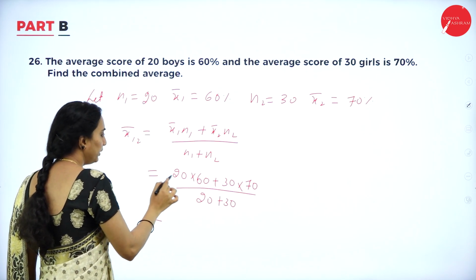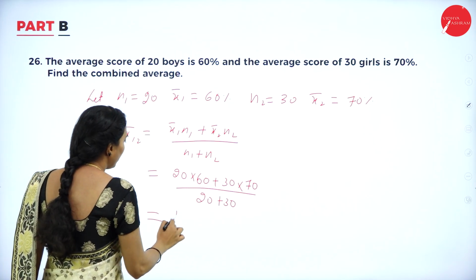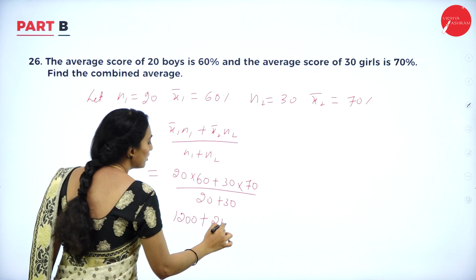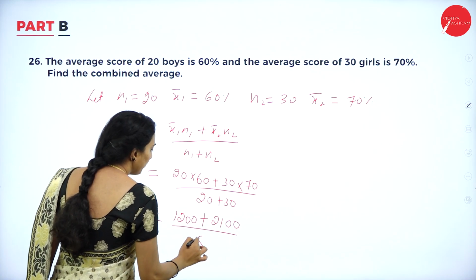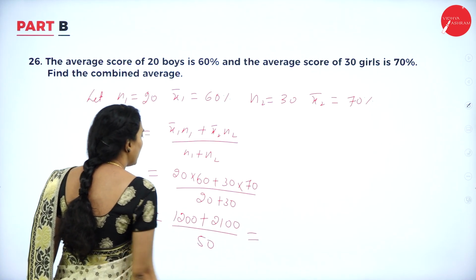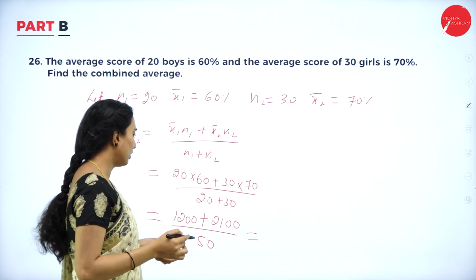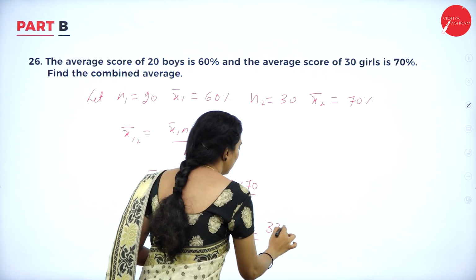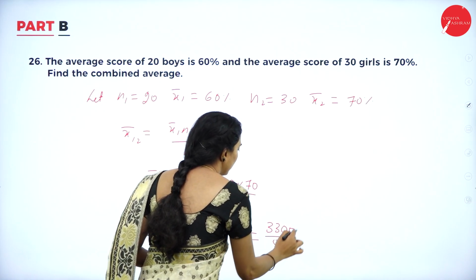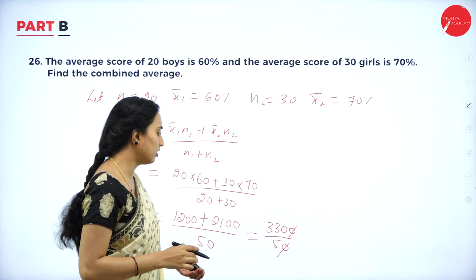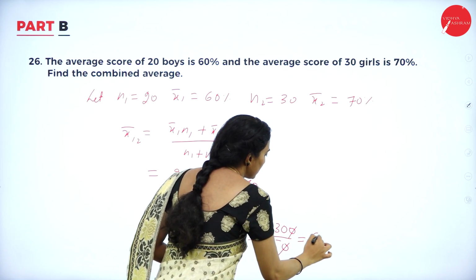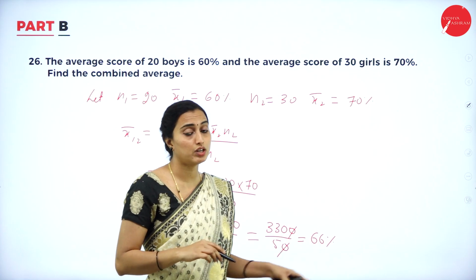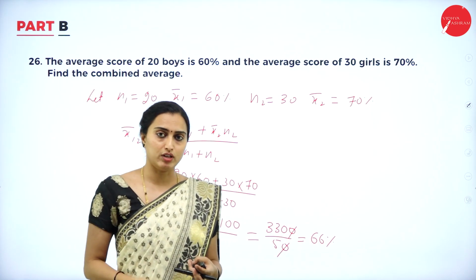So 6 2s are 12, we are going to have 1200 plus 7 3s are 21, 2100, divided by 50. So 1200 plus 2100 is 3300, right? Divided by 50. So therefore the answer you are going to get is 66%. That's it. Writing this 66% is very important because it was the combined average, right?